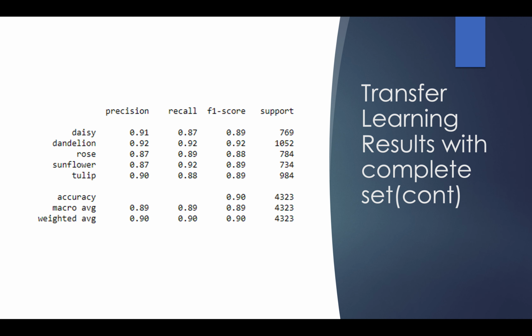Our F1 scores are also very good, and we have an accuracy and weighted average accuracy of 90%. Overall, pretty happy with this performance. Perhaps we could have gotten it better, but with my computational ability, I think this is good performance.